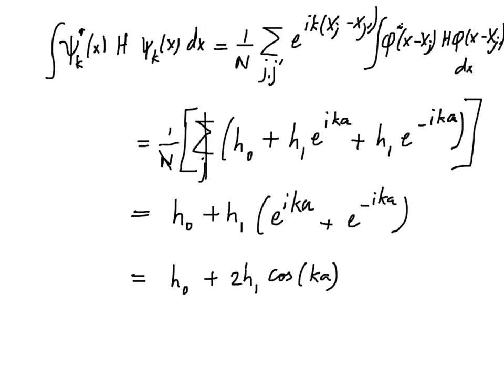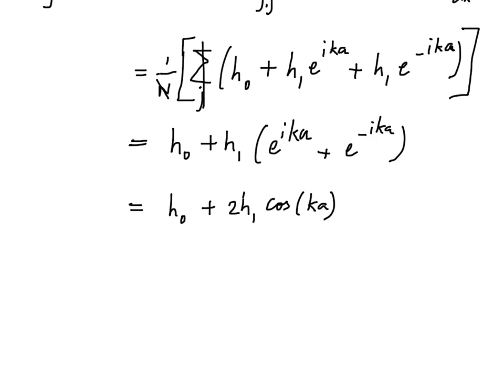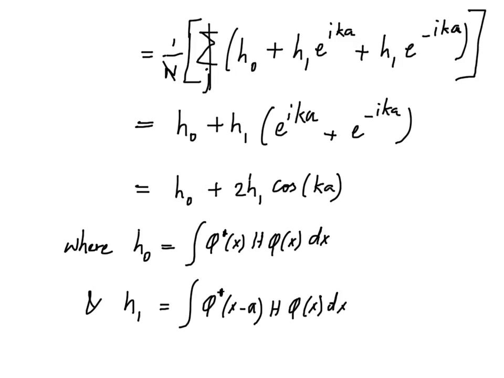Now, just for completeness, we are going to write down what h0 and h1 are. Bear in mind that h0 and h1 are nothing but some special choices of those integrals. So those are our h0 and h1.